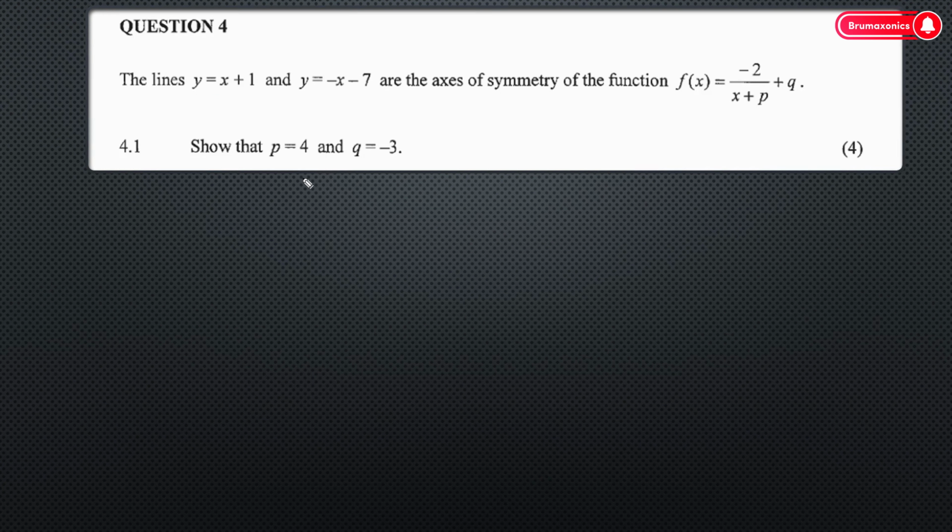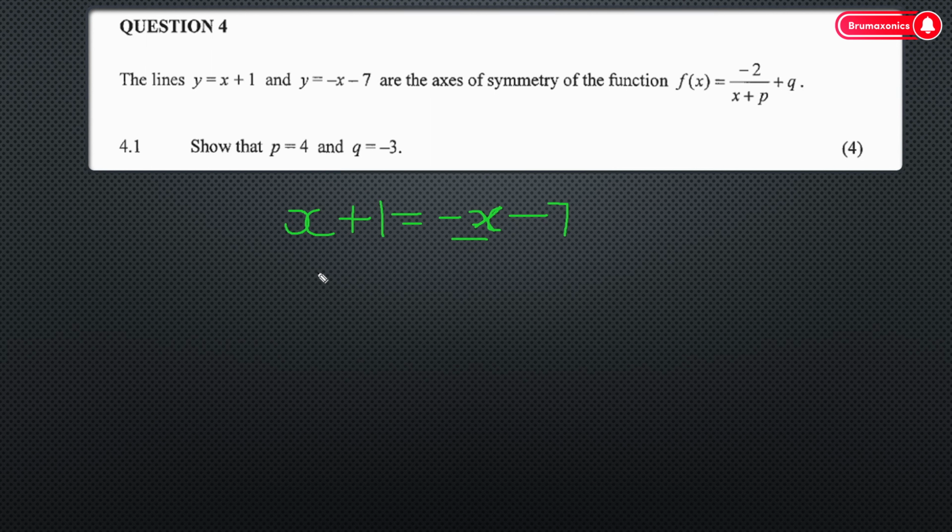So the best thing to do is to ensure that this linear equation is equal to the other one. So x plus 1 is equal to negative x minus 7, right? So if you check, you'll be able to solve for x.